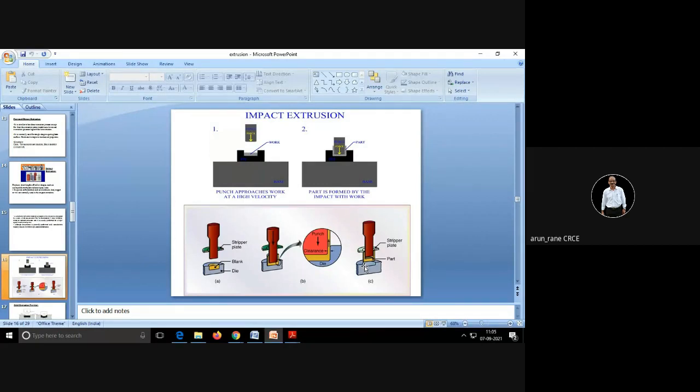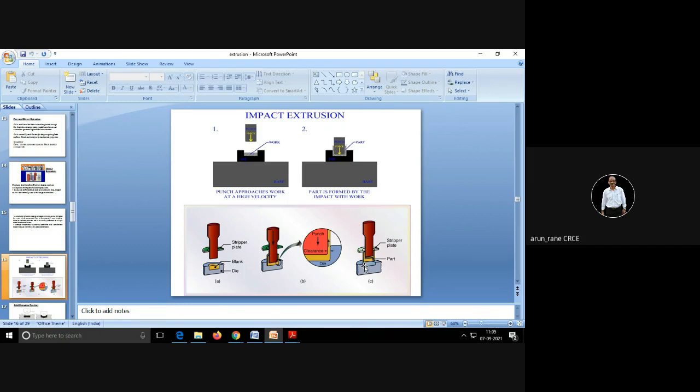Since it is mirror like finish, that component will not stick to the cavity, and since the punch finish is comparatively coarser than the cavity, your component will stick to the punch and it will move up along with the punch.